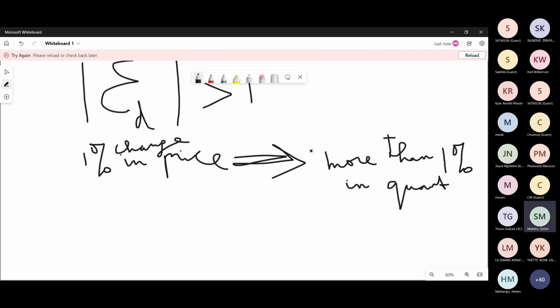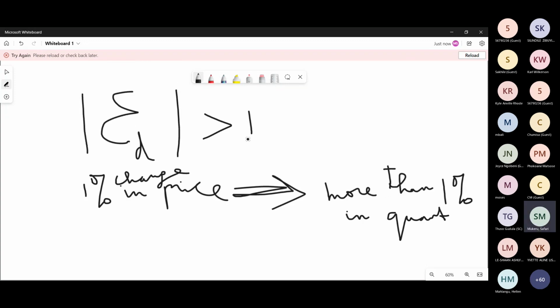If elasticity is bigger than 1, it means that a 1% change in the price will yield more than 1% change in the quantity. Of course, it can be an increase or a decrease, right? Intuitively, it means that a 1% change in the price will have more effect in the quantity.